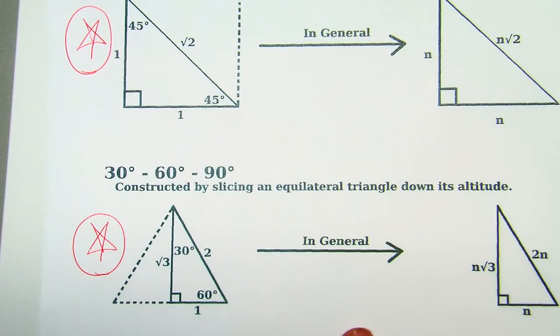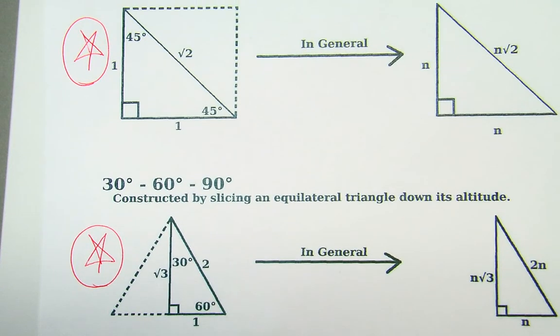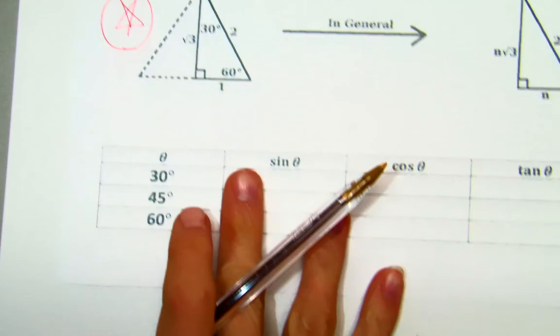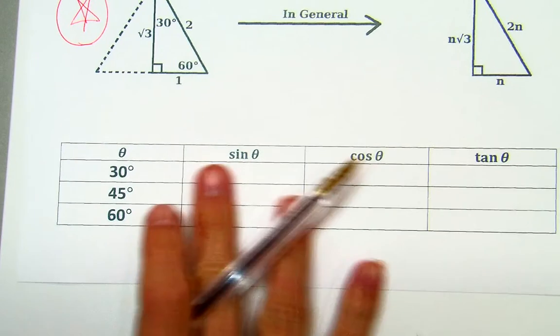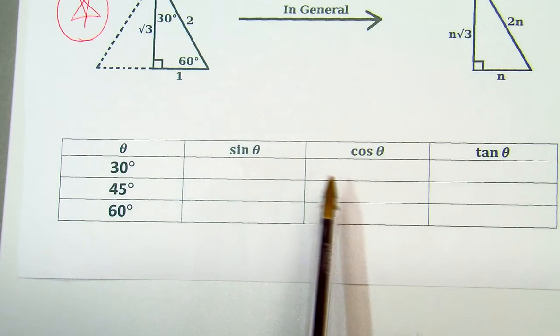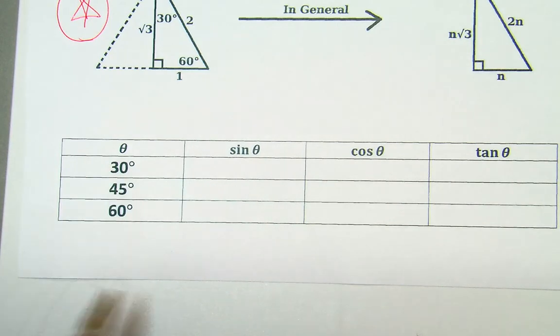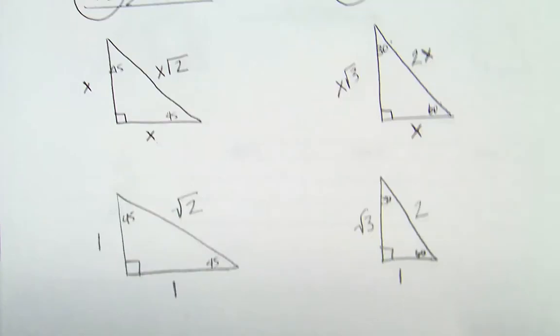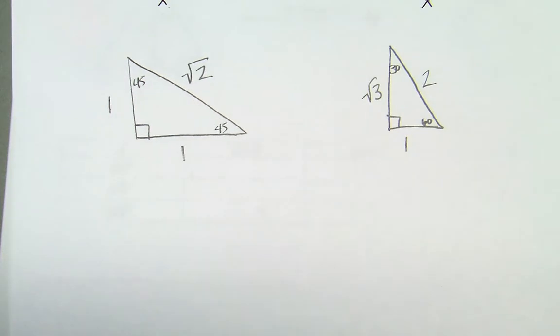I'm going to continue working on my sheet of paper from before, but we're going to be filling in this bottom table in a couple minutes because we're going to find sine, cosine, and tangent for each of these angles. So going back to my original drawing, I'm going to slide this up.